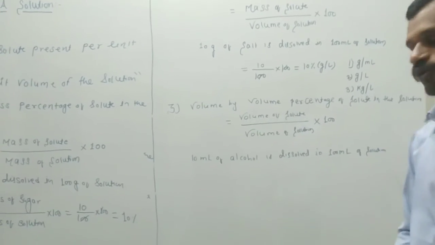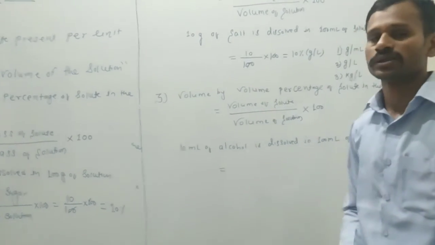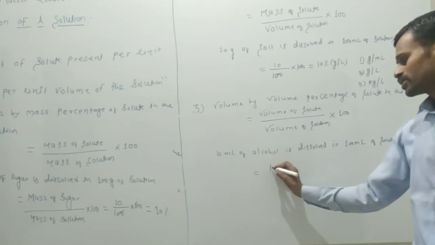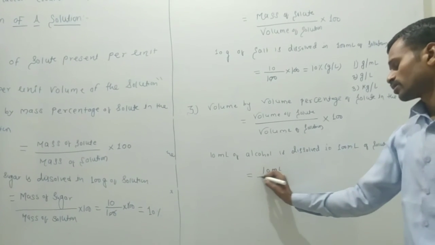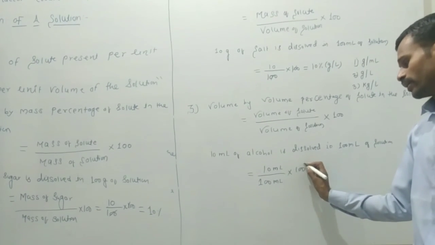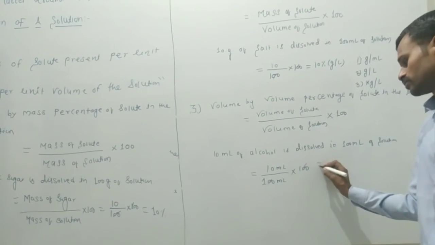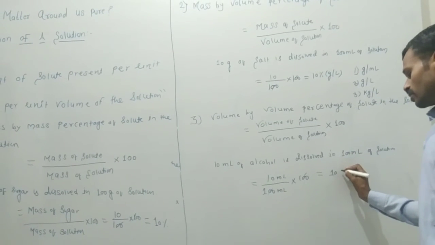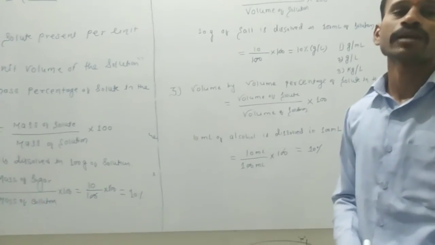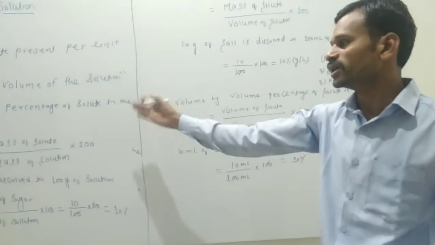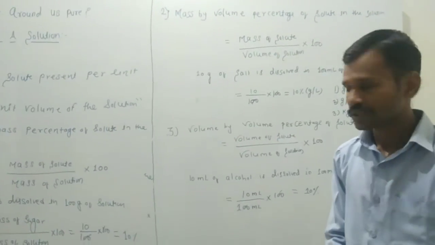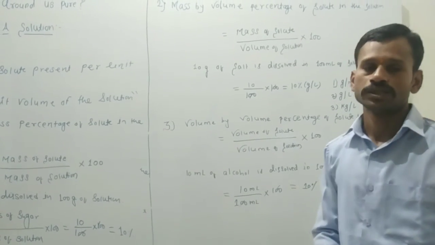We have to find the volume by volume percentage. The volume of alcohol is 10 ml, the solution is 100 ml, into 100. The 100 and 100 cancel, so it is 10% by volume. In this way we simply calculate the concentration of solution in terms of mass by mass percentage, mass by volume percentage, and volume by volume percentage. Thank you.